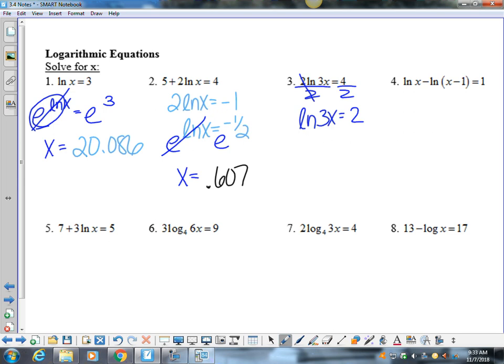Okay, so I've cleaned out all the debris, so am I ready to e it? Okay, so e to the and e to the, and those cancel. 3x falls down. I'm going to do e to the second and get some decimal. I don't care what that is. And then I'm going to divide that by 3.